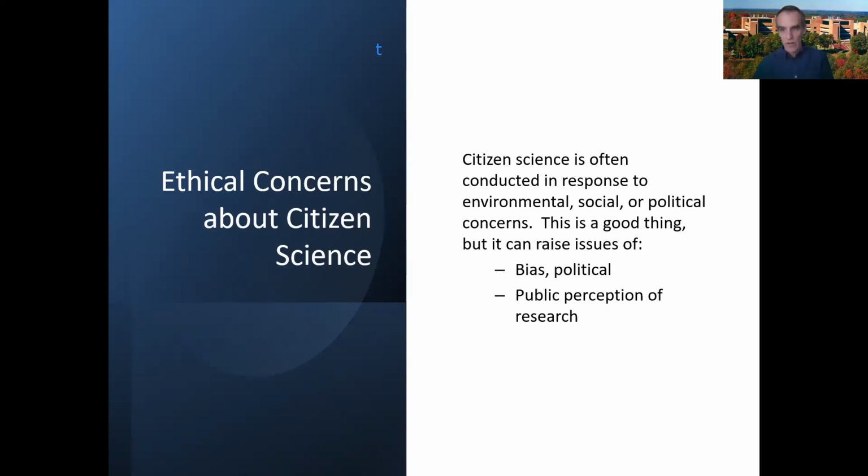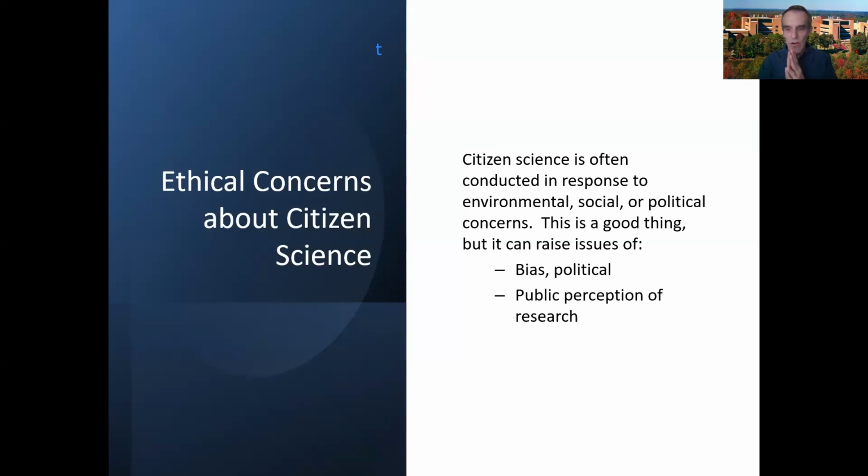I've seen some studies where citizens groups were concerned about fracking, right? They're worried about how fracking is affecting human health and the environment. So they're going out and collecting a lot of data on water quality in places where fracking is occurring. It's a good project, right? Good idea. It's good to get that information out there.